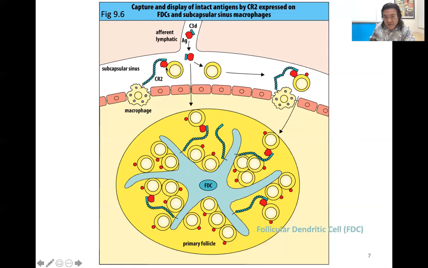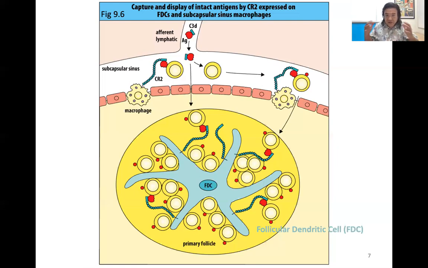But you can see here, its immunoglobulins can actually bind to this antigen as well. And the macrophages help the B cells, encourage the B cells to go to the primary follicle region, where the B cells now have a chance to really see a lot of the antigen, because the antigen is being presented in abundance by the big follicular dendritic cell, right?